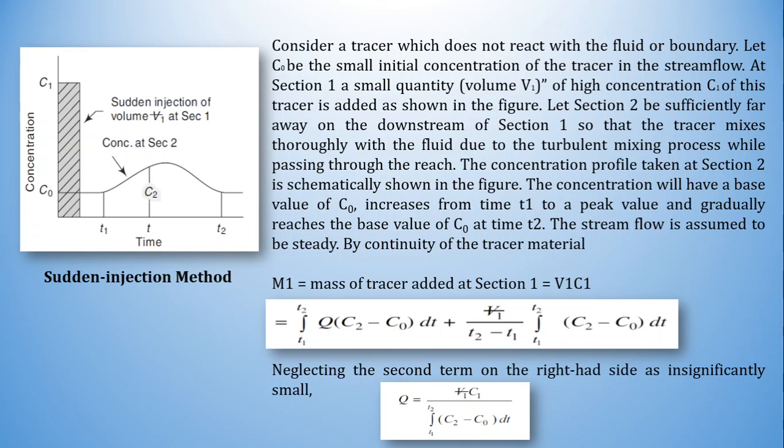Neglecting the second term on the right-hand side as significantly small, the discharge Q by this method can be estimated as Q equals V1 into C1 divided by the integration of (C2 minus C0) dt with limits T1 to T2, where T1 and T2 are the initial and final timings for the tracer, and C2 and C0 are the concentrations corresponding to section 2 and section 1.